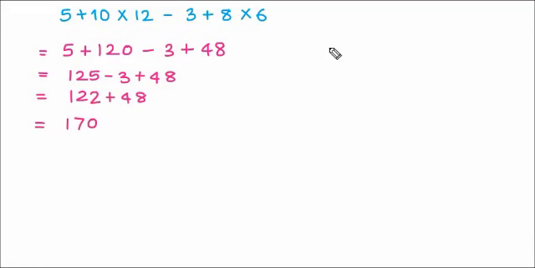So the same example can be written as 5 plus 10. We'll put brackets around them because first we have to add the number of boxes and then multiply that number by 12, minus again 3 plus 8 multiplied by 6. Now as per BODMAS we have to solve the brackets first.